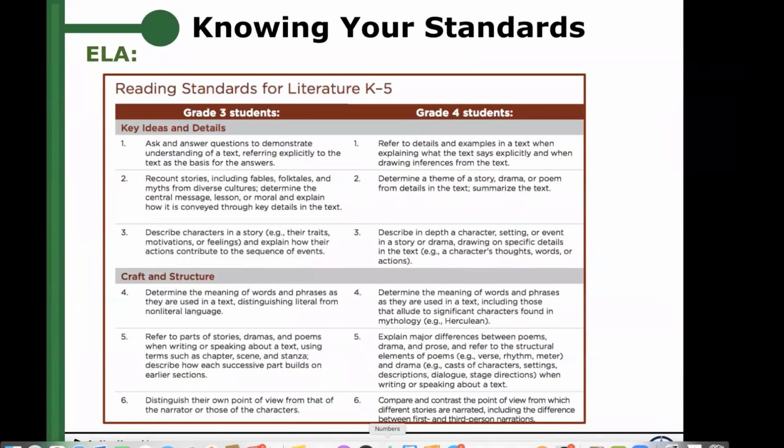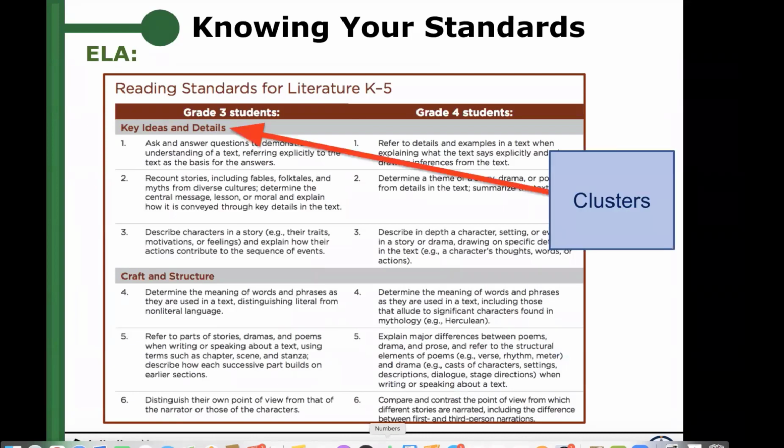As you're reading the standards for ELA, once you get into a specific reporting category or domain, like reading standards for literature, underneath that, you have what are called clusters of standards. Some of the examples here are key ideas and details and craft and structure. So within that, you have your clusters of standards and then individual standards underneath each one.